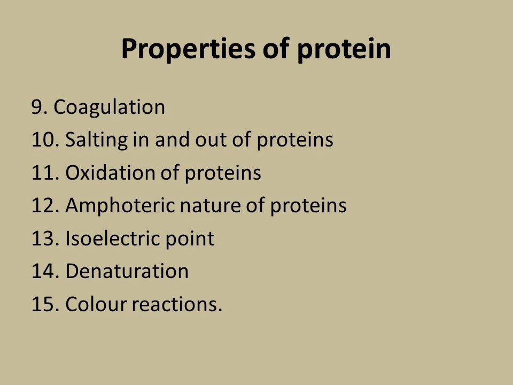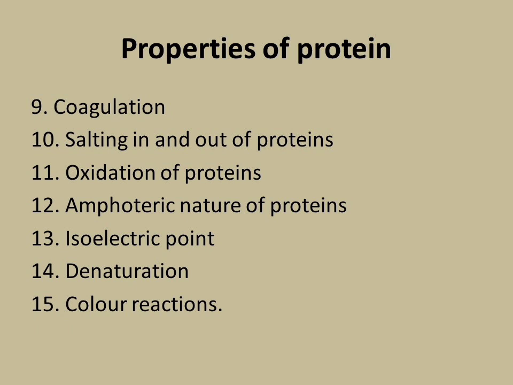As the concentration of the neutral salt is increased, the solubility increases to a maximum and then starts decreasing, and finally the protein is precipitated. This is referred to as salting out. The salting out of proteins is caused by the competition between the protein and the salt at high concentrations. The salting out of proteins is an effective method of purification of proteins.